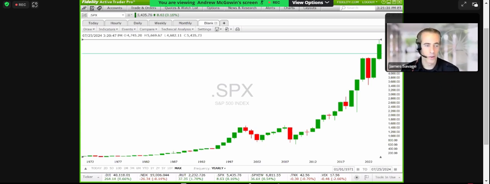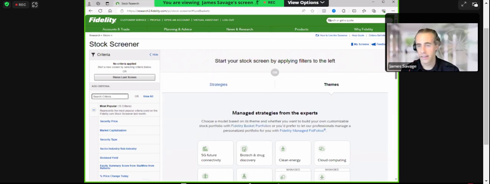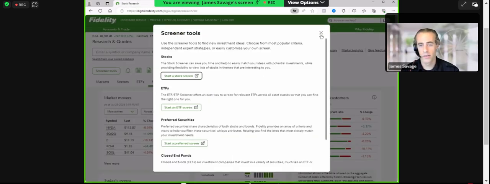So where I want to take everyone to is my favorite tool within Fidelity.com, and that is going to be the stock screener. So how to get here for anyone that isn't familiar with this, you're going to need to go to News and Research in the top. In the drop-down menu, choose stocks from here. It's going to actually take you over to this stock research page.